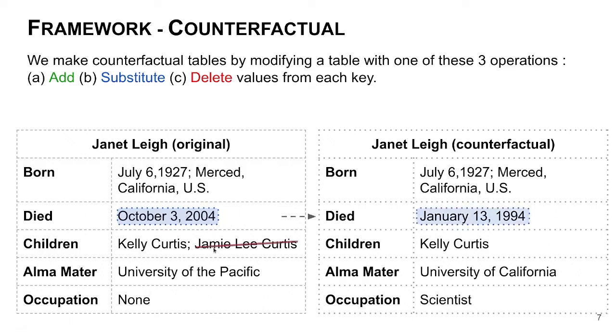Secondly, we removed one of the names from the children key here. Then we substituted again the alma mater here from University of the Pacific to University of California, and then the key occupation was absent for Janet Leigh. We add here a value to that key, which is scientist.